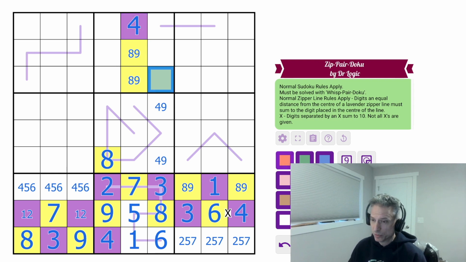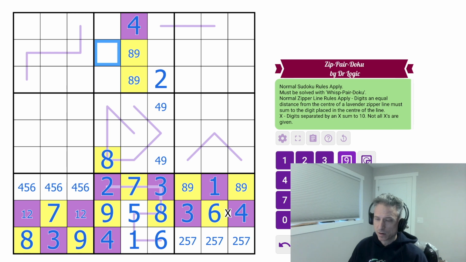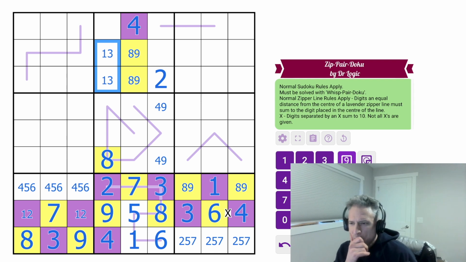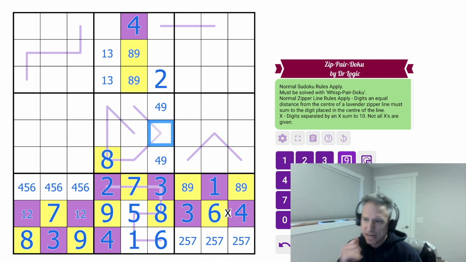And I know this because cells 4 and 7 are from the set of low digits. They are a one, two, three, or four, which means they can only be a one or three, because of the 2 4 below it, which is why I was able to place that 2.